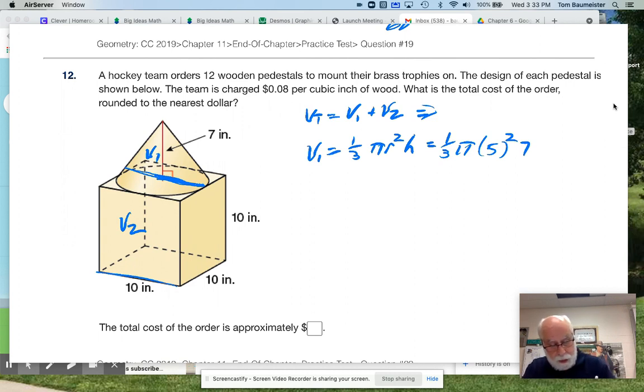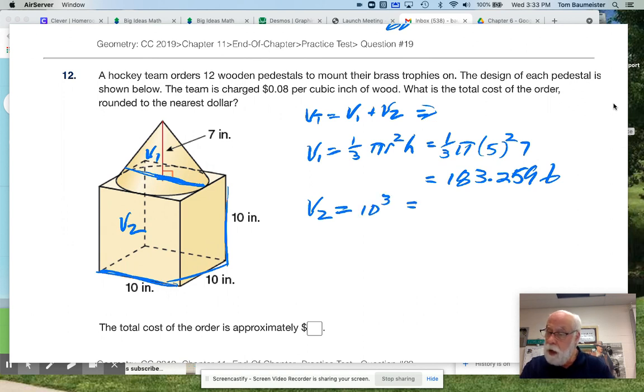And if you work that out, you'll get 183.2596. And then V sub 2 is again length times width times height, which will be 10 cubed, which is going to equal 1,000.